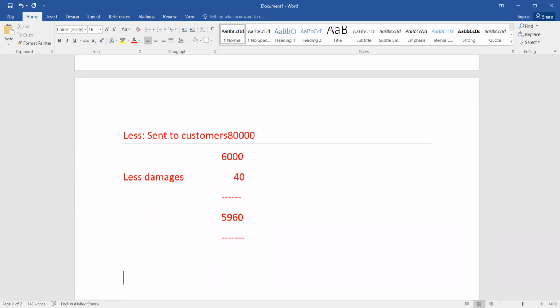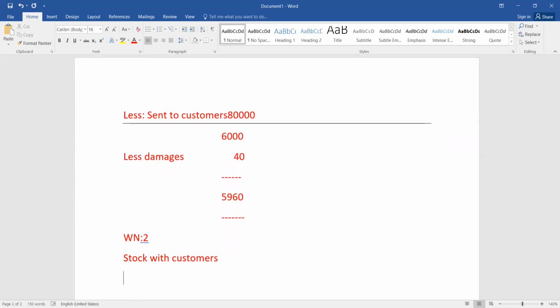And now we need to calculate the closing stock with the customers. So this is your second working note. Working note 2: we are calculating the stock with the customers.